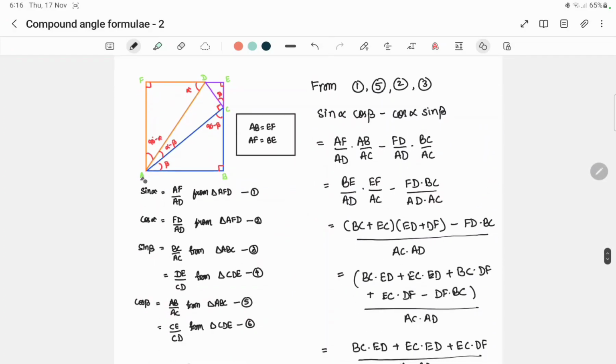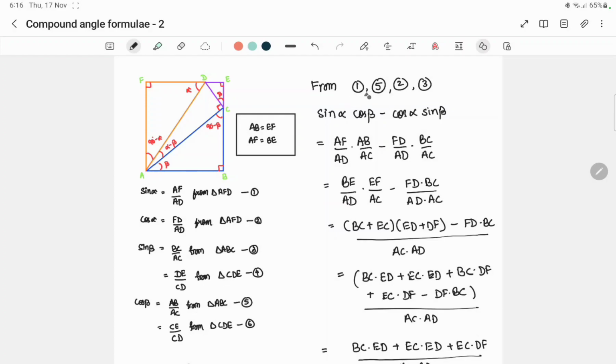We have AB equals EF and AF equals BE. We have put that in a neat little box, and we have the equations from the previous slide.